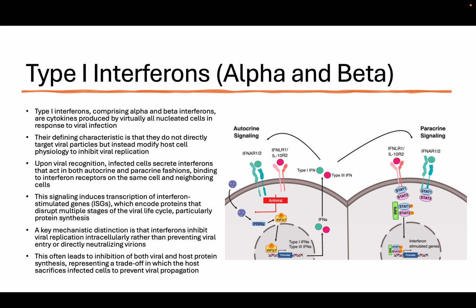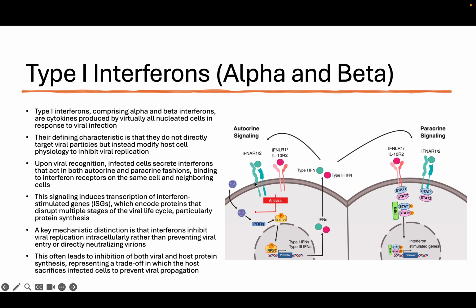Type 1 interferons work in autocrine and paracrine signaling, meaning that once produced, they can bind to their own receptor on their own cell, hence autocrine, to induce signaling. But they can also be paracrine, meaning that they can bind to receptors found on other cells. So this is very important.